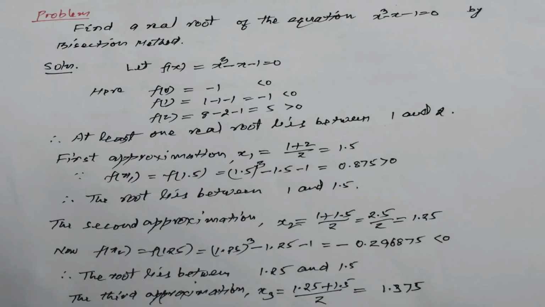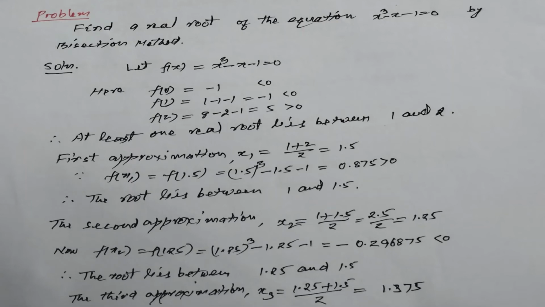that is 1, 1.5. The second approximation, x2 equal to (1 plus 1.5) by 2, that is 2.5 by 2, that is 1.25. Now f(x2) equal to f(1.25) equal to 1.25 whole cube minus 1.25 minus 1.